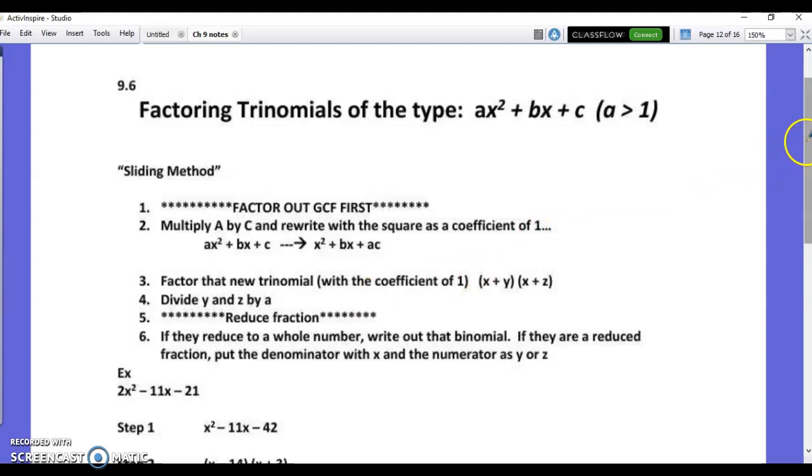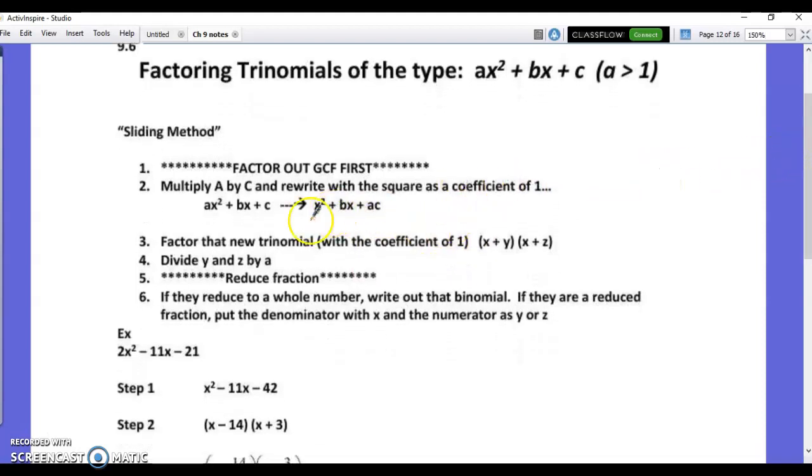The front of these notes is an example step-by-step guide. We are going to start with step 2. I'm not going to give you problems at first where you have to factor out the greatest common factor, but for this method to work, you have to do the greatest common factor first.